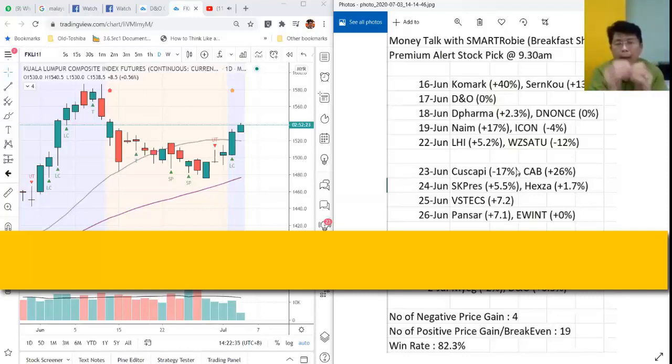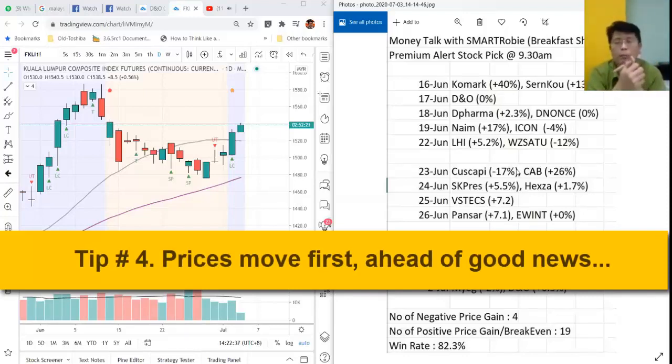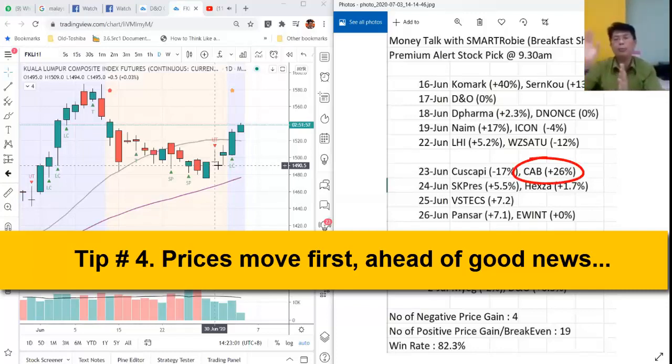But an important point number 4, which I want to talk about, is that even during the market sideways, you can see, if you compare what we have from the 16th onwards here with the premium alert, the market top, the market can still go higher. Okay, the market can still go higher because why? As I said earlier, many of these premium alerts picked up by SmartRobie already have the intention to push up, which means the news will come 3 or 4 days later.